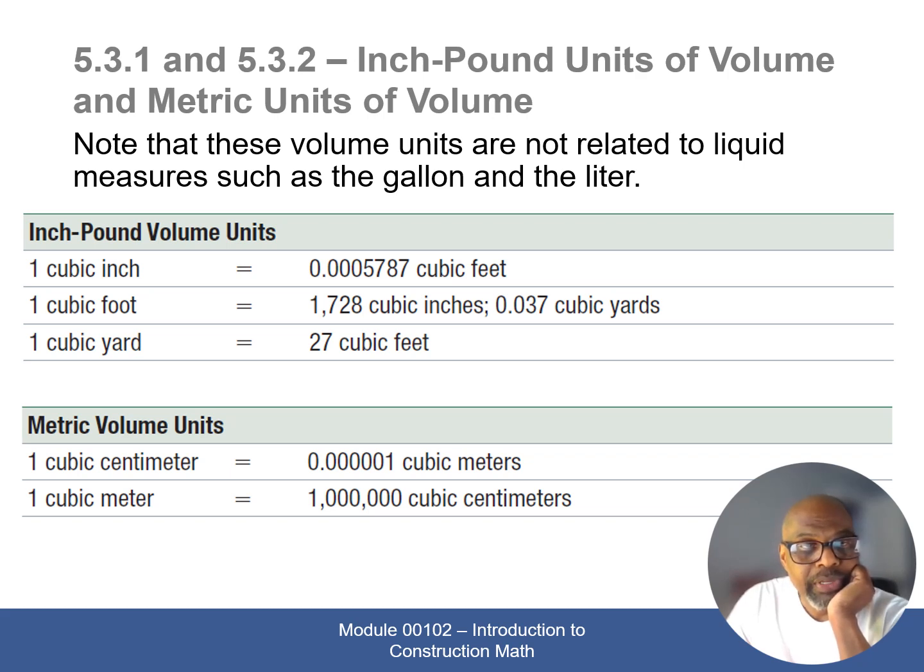Now, a cubic yard, remember, a yard is 3 feet. So if you multiply 3 times 3 times 3, so 3 feet tall times 3 feet deep is 9, times 3 feet wide is 27 cubic feet in 1 cubic yard.